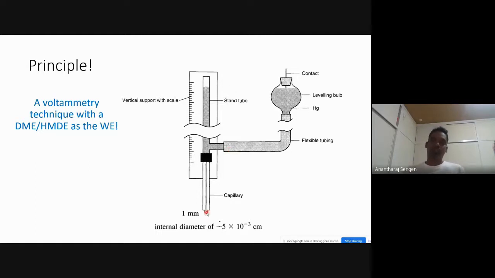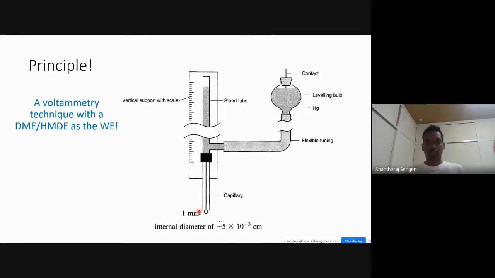This mercury drop is then used to perform the reduction of metal ions that are impossible to reduce with any other electrodes because of the competitive hydrogen evolution reaction, which is not an issue with the Hg electrode.